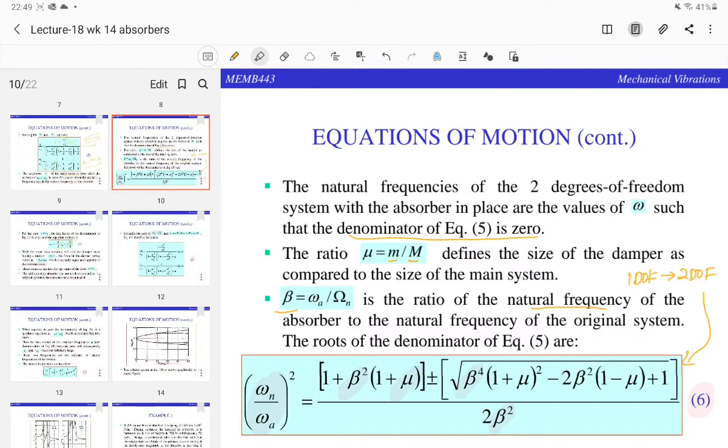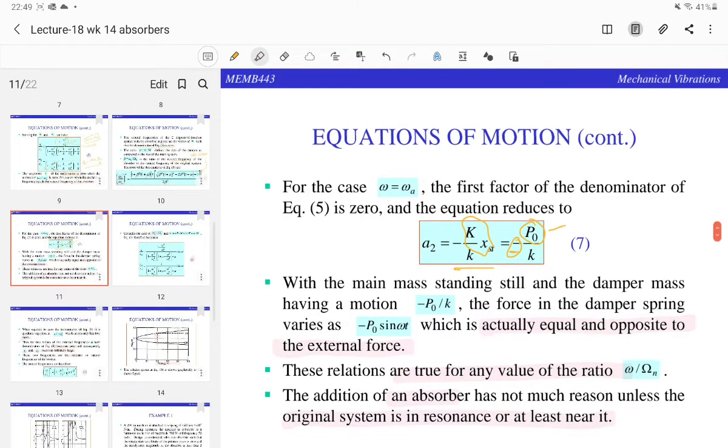And the main criterion for you to design your absorber is using this condition omega equals omega a, because you want to make sure it absorbs all the input, P naught in this case.